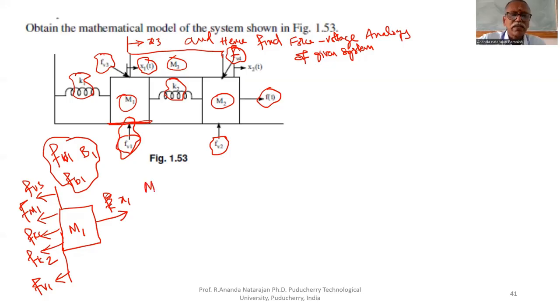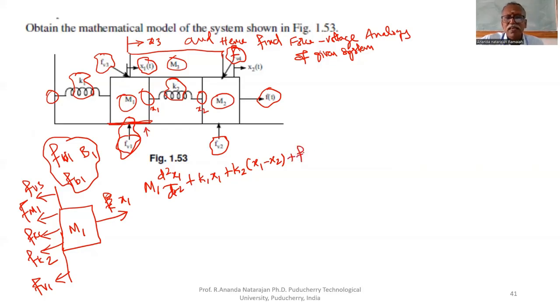Fm1 is M1 d square x1 by dt square plus Fk1. One end is fixed, therefore K1 x1, plus K2, both ends are free. Displacement at this end is x1, displacement at this end is x2. We are writing in terms of M1, therefore K2 multiplied by x1 minus x2. Here the friction is between the floor and the mass M1, therefore one end is fixed in this case.